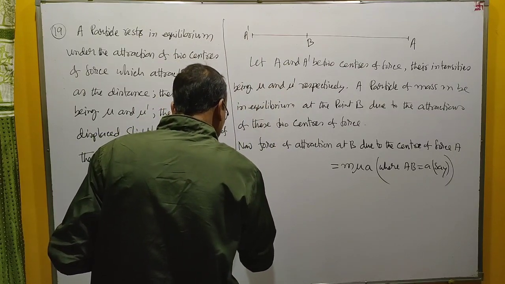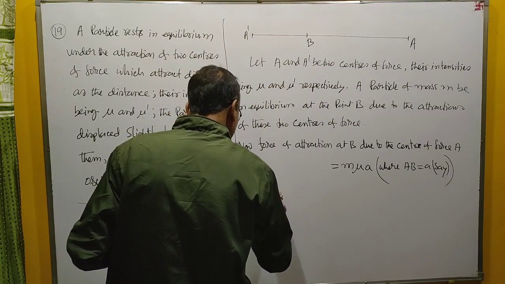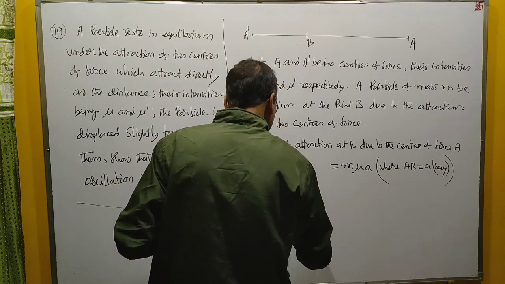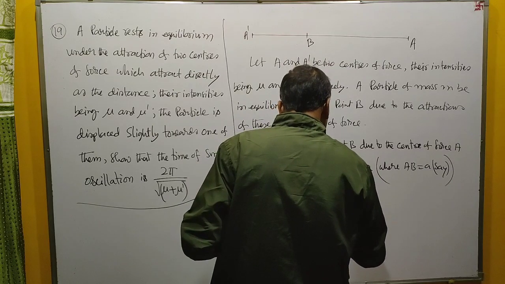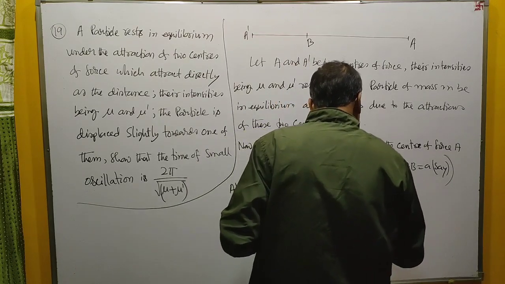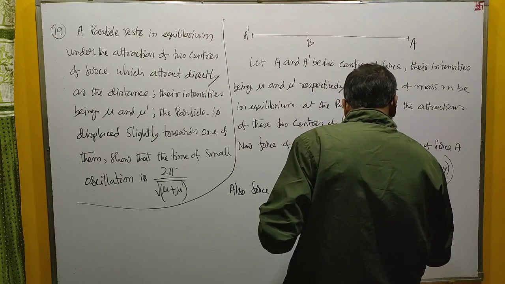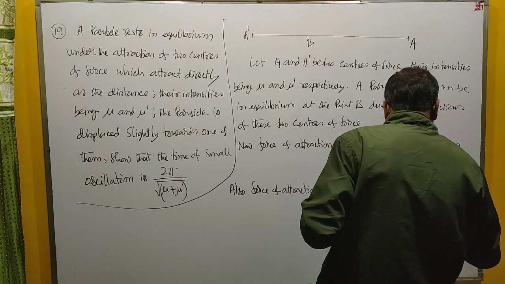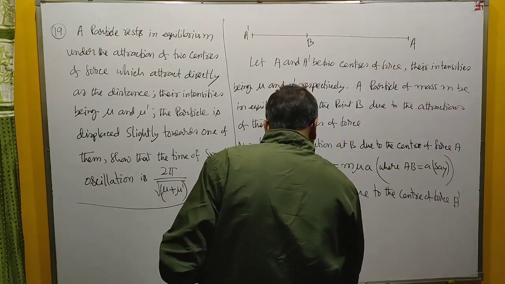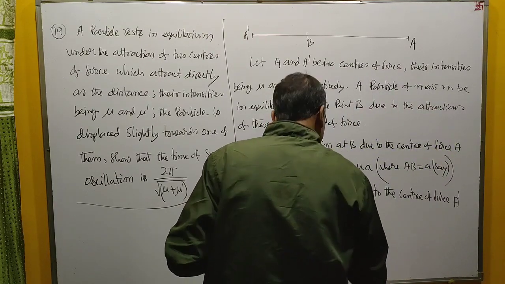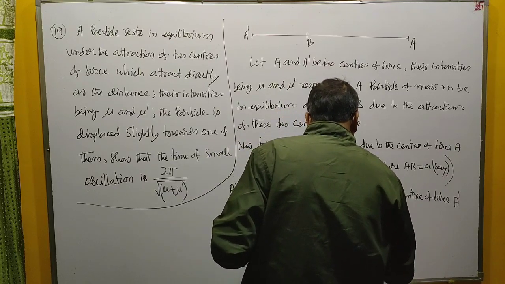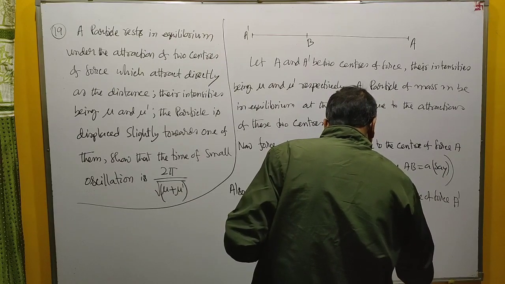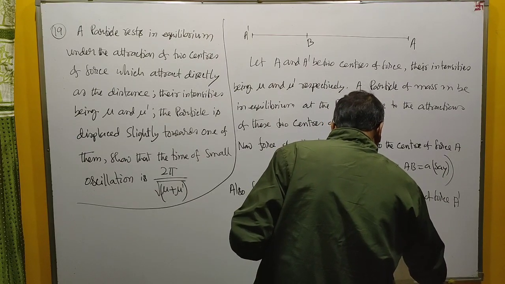Also, the force of attraction at B due to the center of force A dash is equal to M mu dash A dash, where A dash B is equal to A dash.